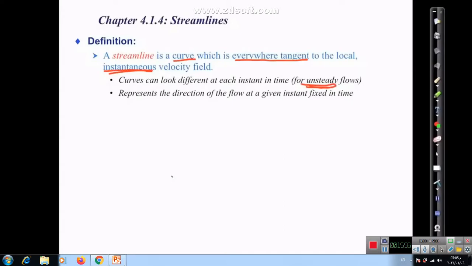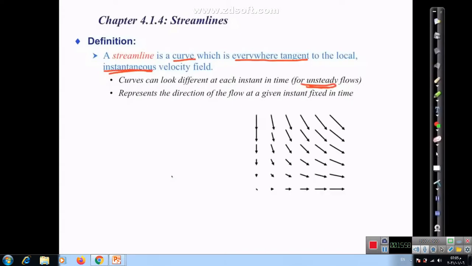Now let's talk about how to calculate this analytically. Here I'm going to show schematically just an arbitrary velocity field. This may be a stagnating flow here, velocity coming down from the top and hitting a plane and moving off to the right, as we see here. And these vectors are showing us the velocity at different points in the flow field. Now we're going to want to draw a streamline here at a fixed instant in time.